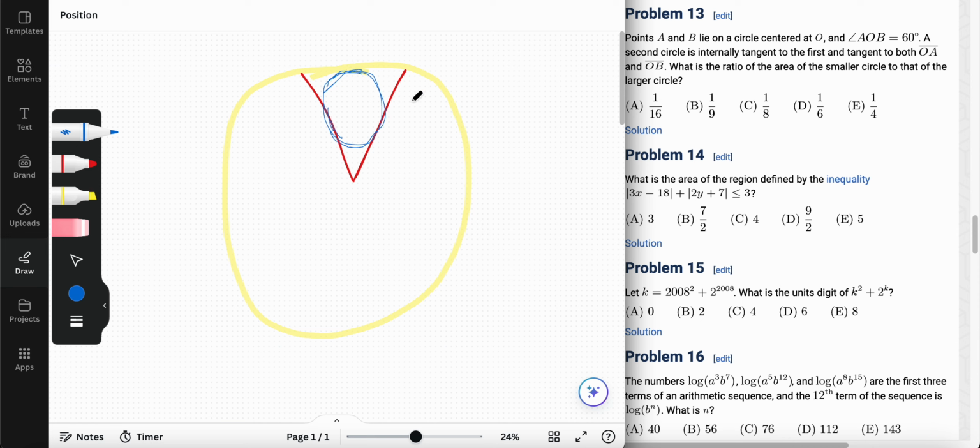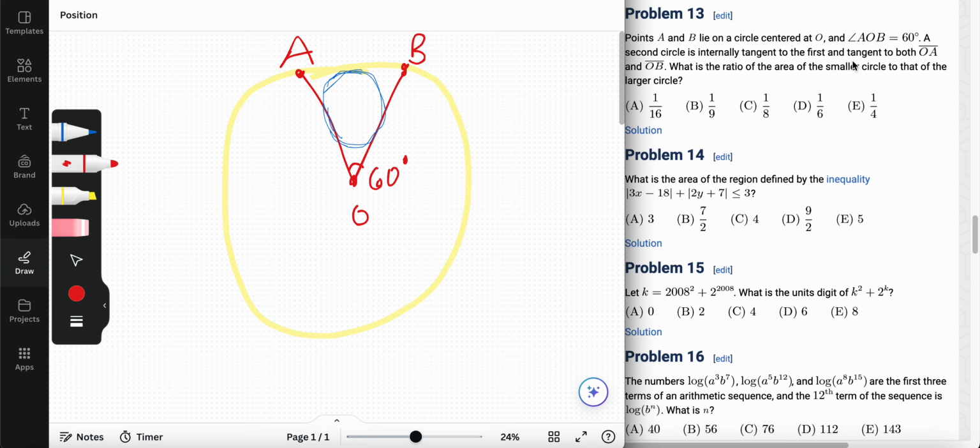Okay, I'm working with a mouse here, so it's not going to be the best, but I think it's pretty decent. I have A, B, and O, and we know that this is going to be 60 degrees, right? So that is what we know about this.